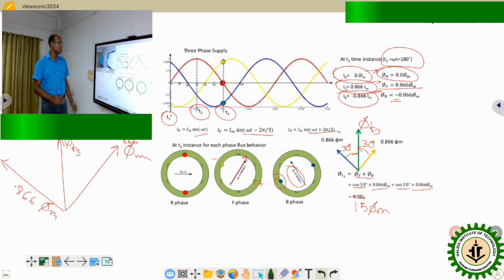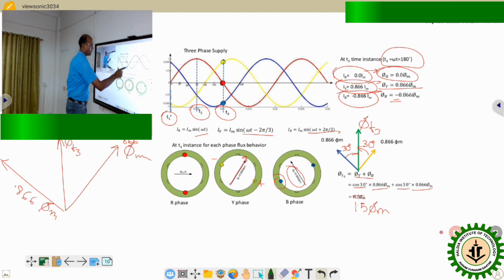Okay, so we try to find out three different time instants, t1, t2, t3. For these three time instances, we find the contribution of flux and the direction of flux.